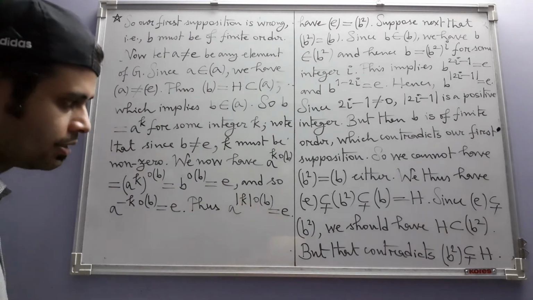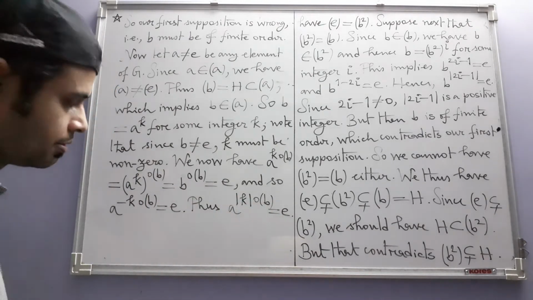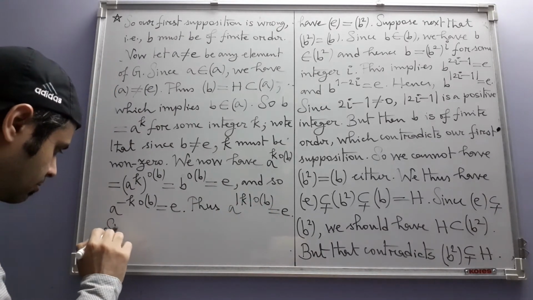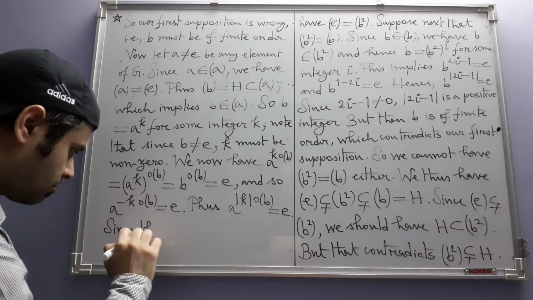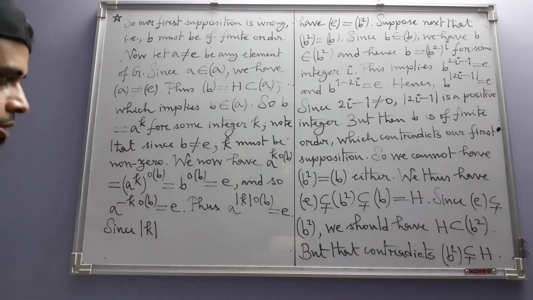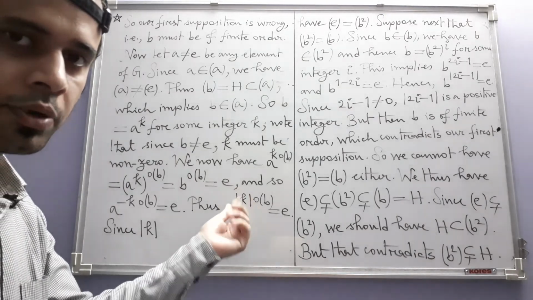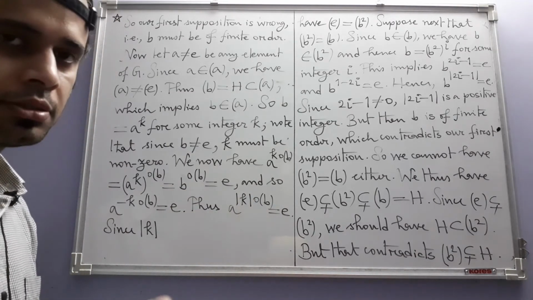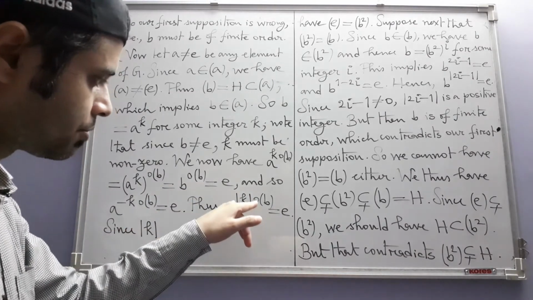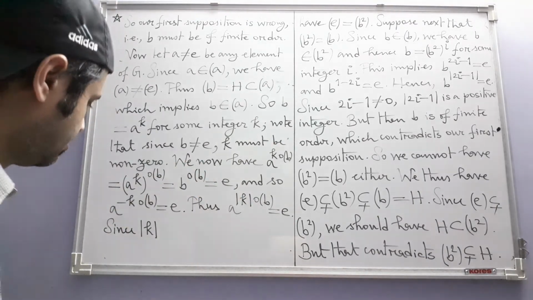Now look at this equation and look at the exponent. Since K is non-zero, its absolute value is a positive integer. Order of B is also a positive integer, so their product is a positive integer.